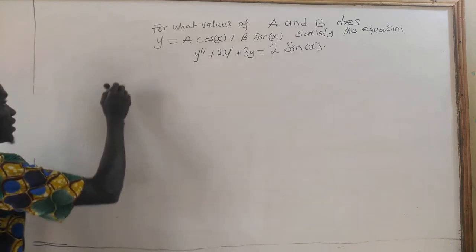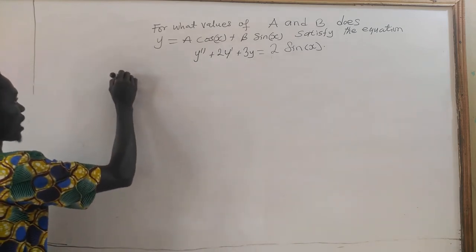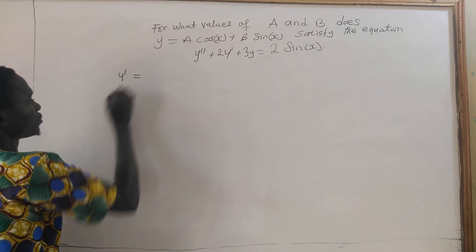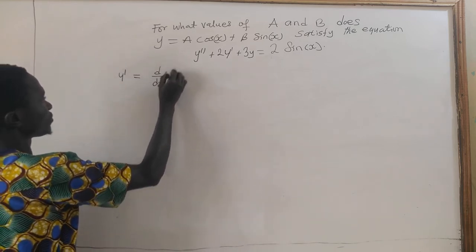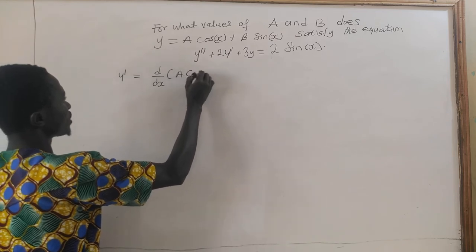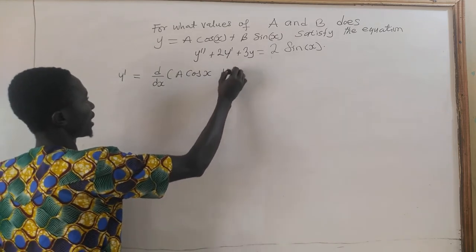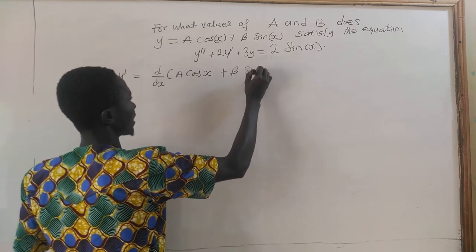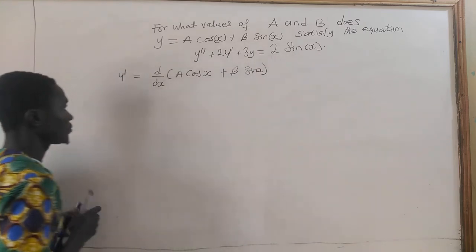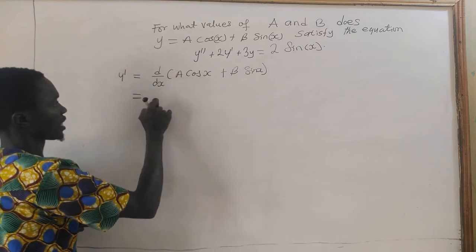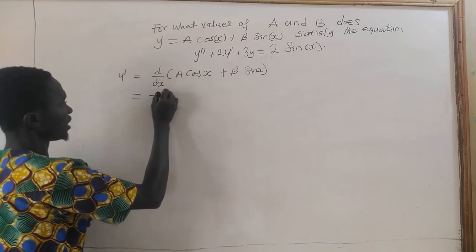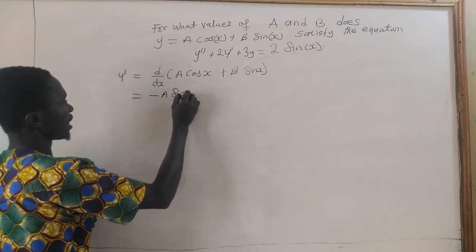Now, we first take the first derivative. So y prime will be equal to the derivative of a times cosine of x plus b times sine of x. So we are going to have the derivative of cosine of x equals negative sine of x.